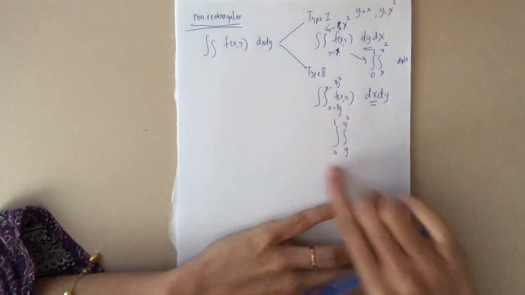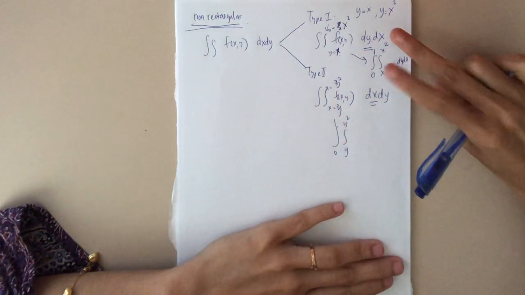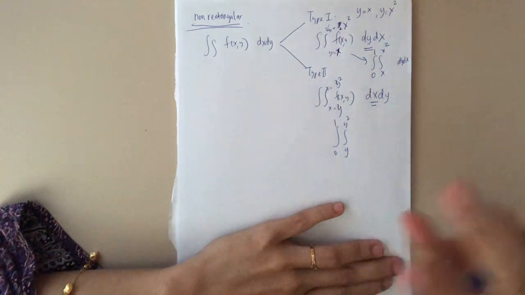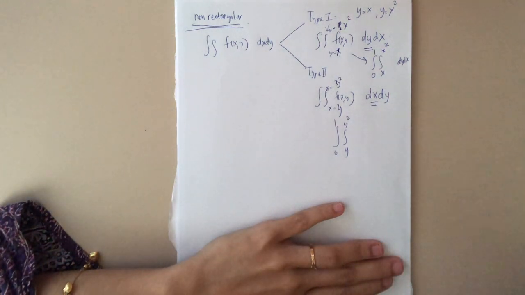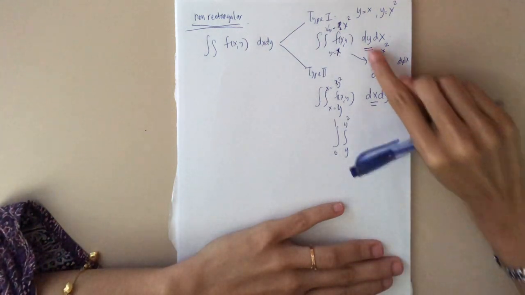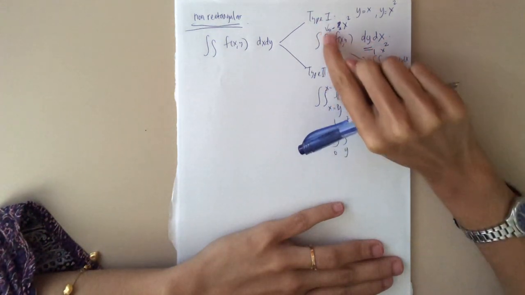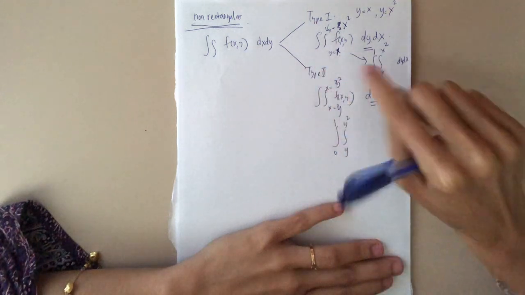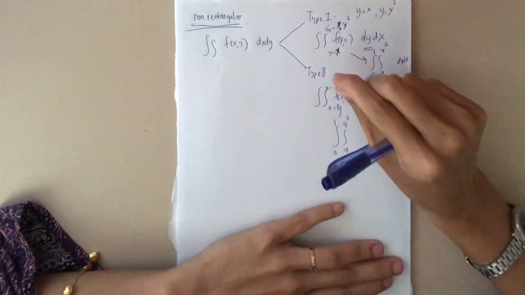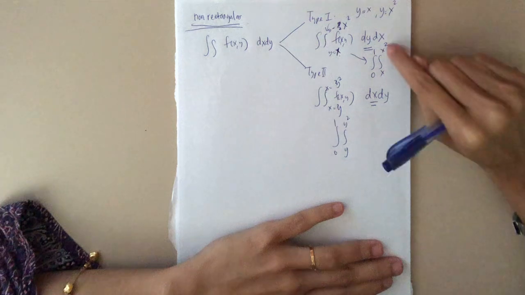So can you differentiate between type 1 and type 2? For type 1 it is dy dx, so the limit for y equal to x, and you will write x in that limit.